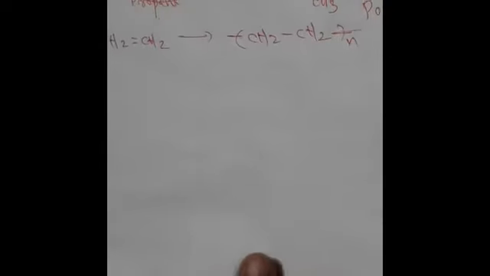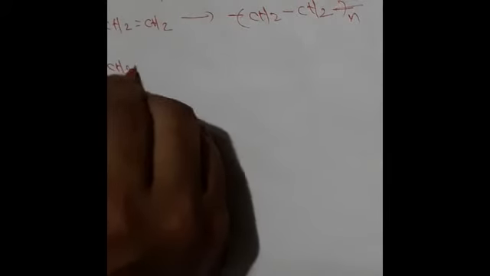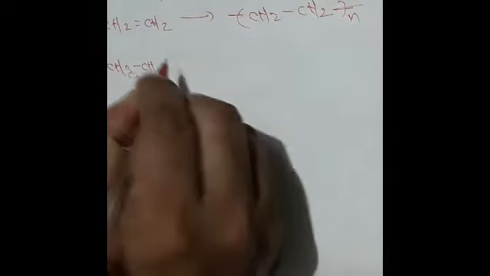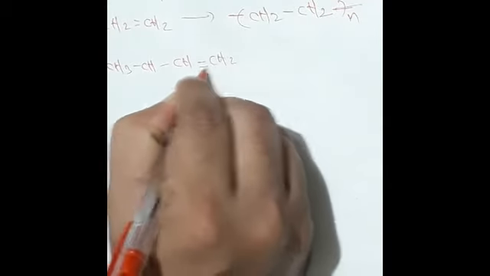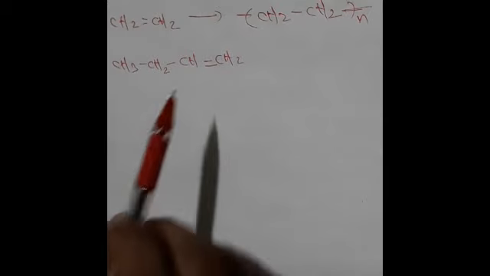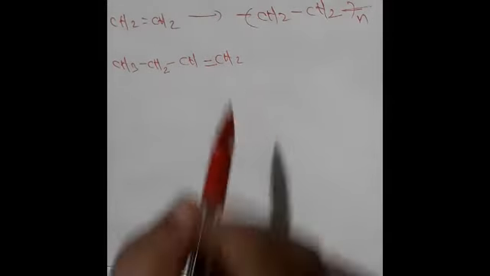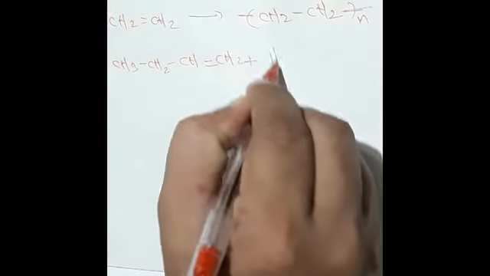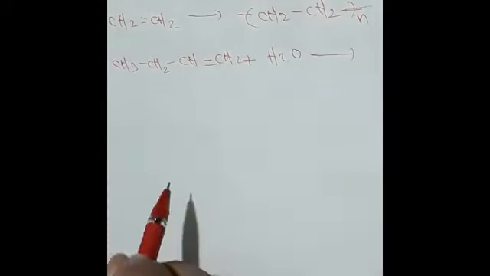So look here, the structure of but-1-ene is CH3 CH2 CH double bond CH2. But-1-ene reacting with steam, water vapor. Okay, so what will be the product?